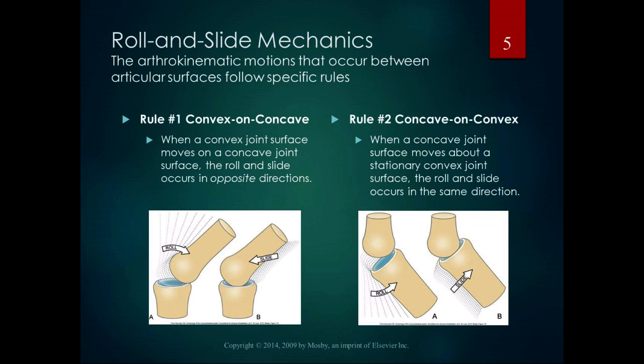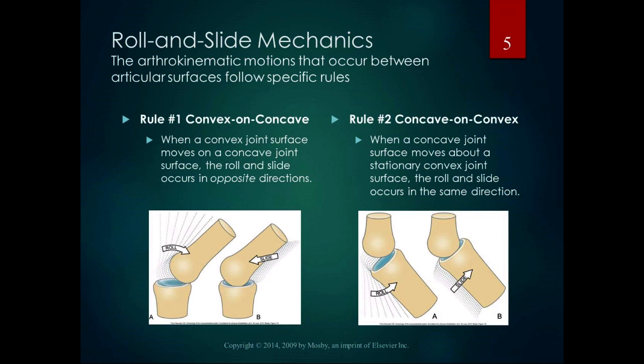Right now, at this point in kinesiology, we're saying, well, why do we care? The reason that we care about this is going to come up later on when we're studying joint mobilizations. We're trying to mobilize a joint to get a better, more functional movement.